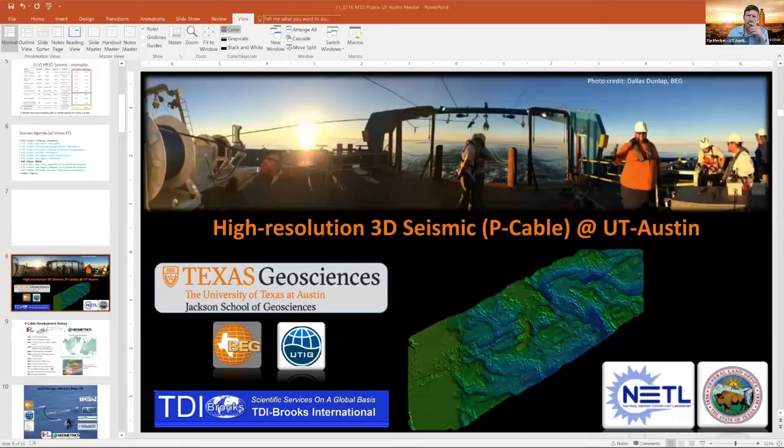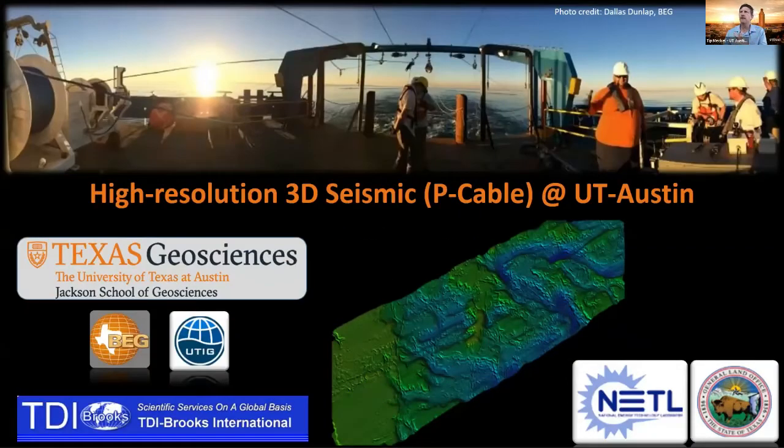So let me share that. Yeah, looks good. Okay, so I'm going to cover the high-res 3D system that we operate at the Bureau of Economic Geology. You may have heard these kinds of systems referred to as P-Cable or other.